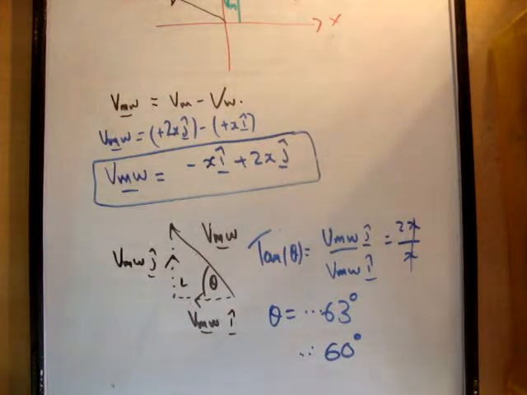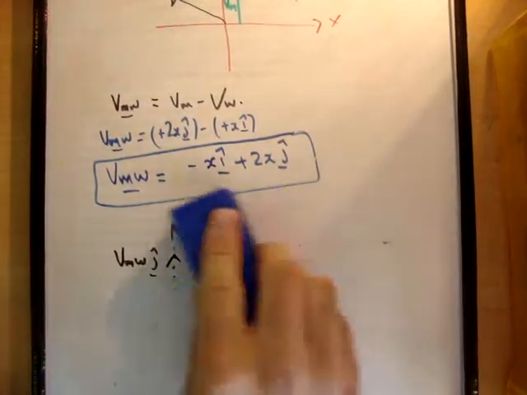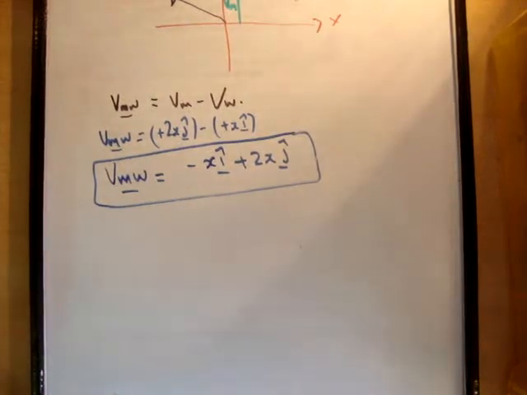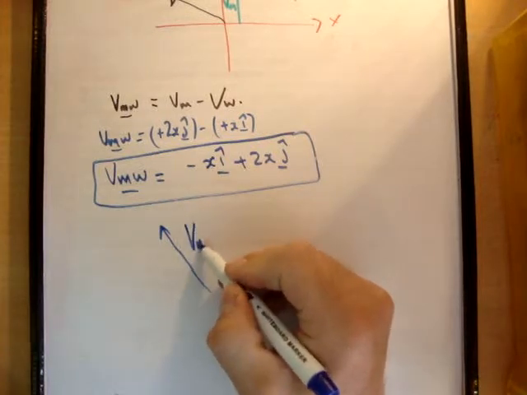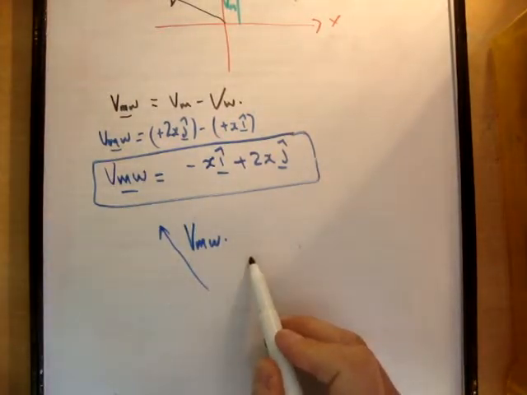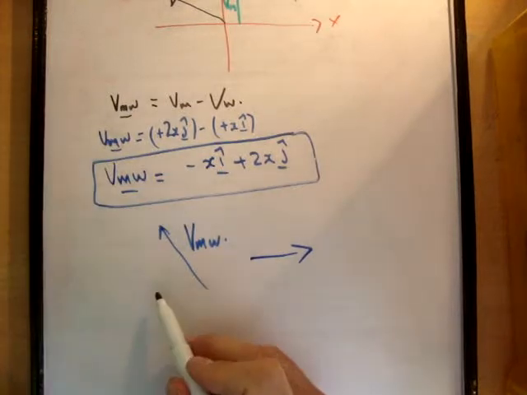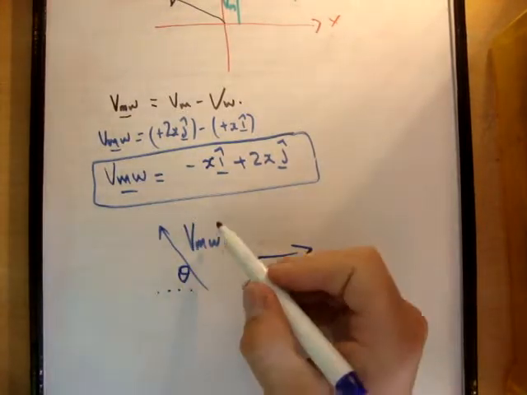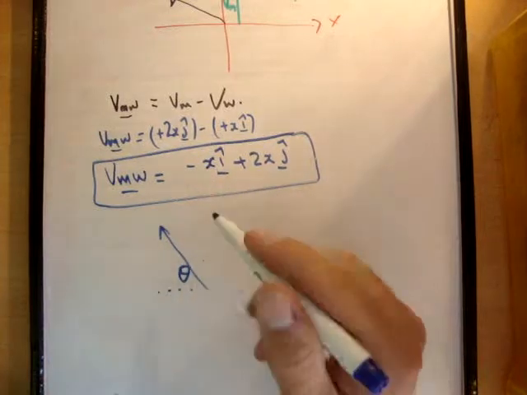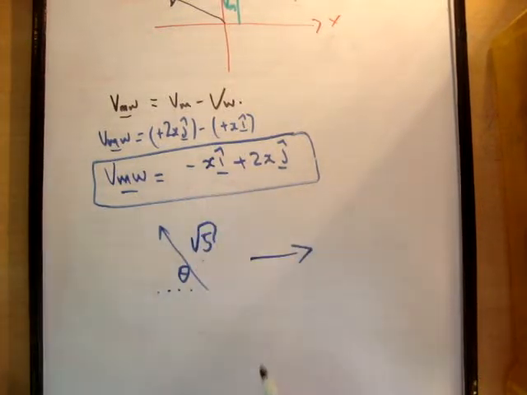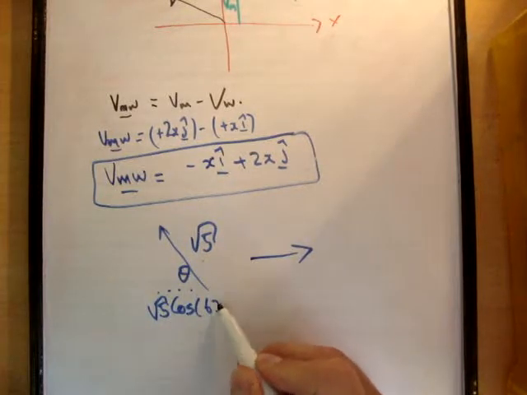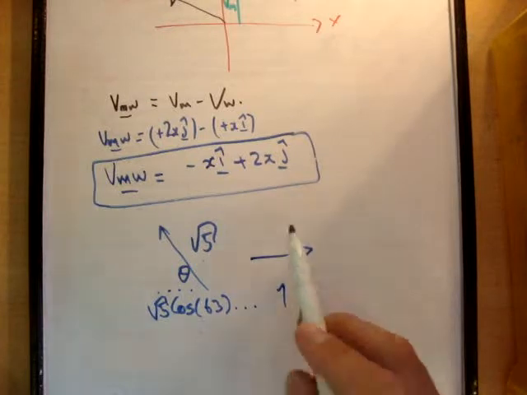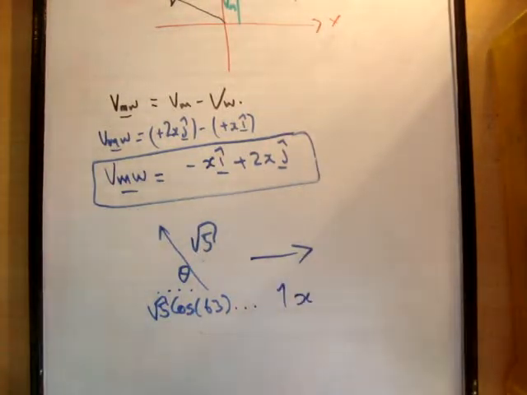Just to back it up, the magnitude of the x component of Vmw should be the same magnitude as the water going in the i-hat direction. So if this was theta, and the magnitude of Vmw was root 5, then this is going to be root 5 cos of 63, and that turns out to be 1, which is exactly what this is, 1x.